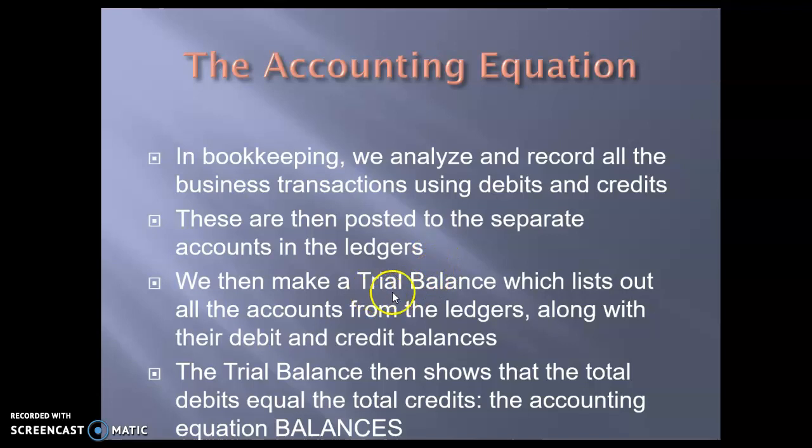To do that, we're going to make a thing called a trial balance. And that lists out all those accounts that are in the ledger along with their debit and credit balances. And then we total up the debits and total up the credits and make sure that they equal. And that's what the trial balance is all about.